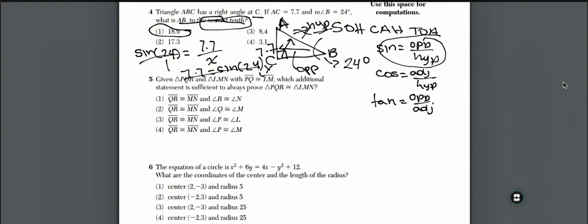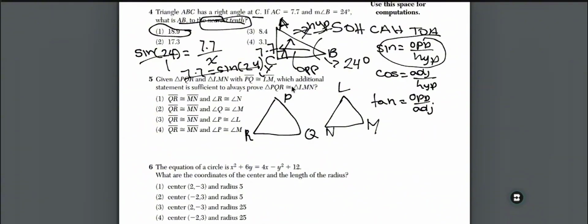So I'm going to draw my 2 triangles right here. Right here, I'm going to have triangle PQR. And I'm going to draw my other triangle. They look a little different in size, but same thing. LMN.